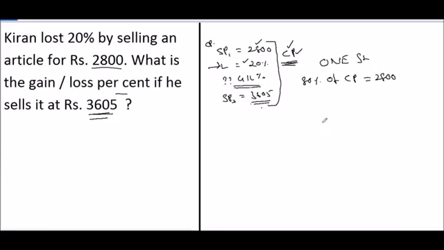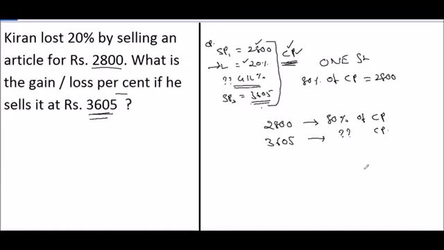All right. Now simply with one step only, with one unitary method, I can solve the question. How is that? 2800 for selling price is nothing but 80% of the cost price. Then 3605 is what percent of the cost price is the question.